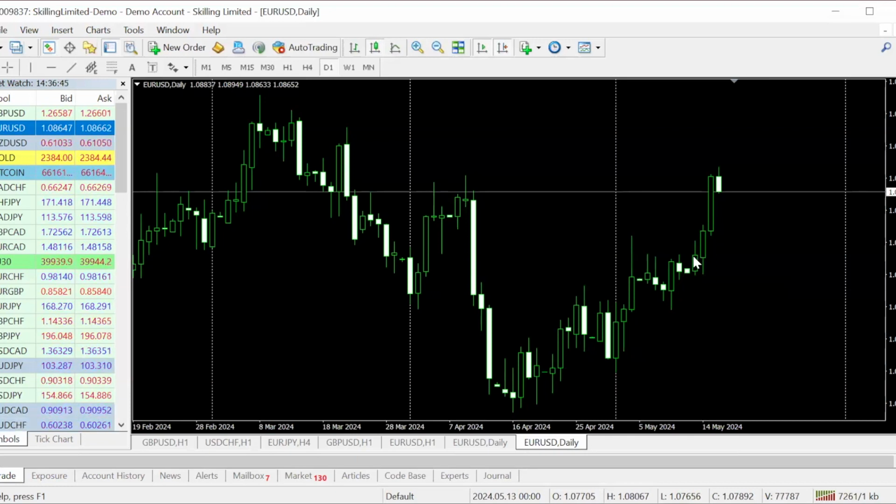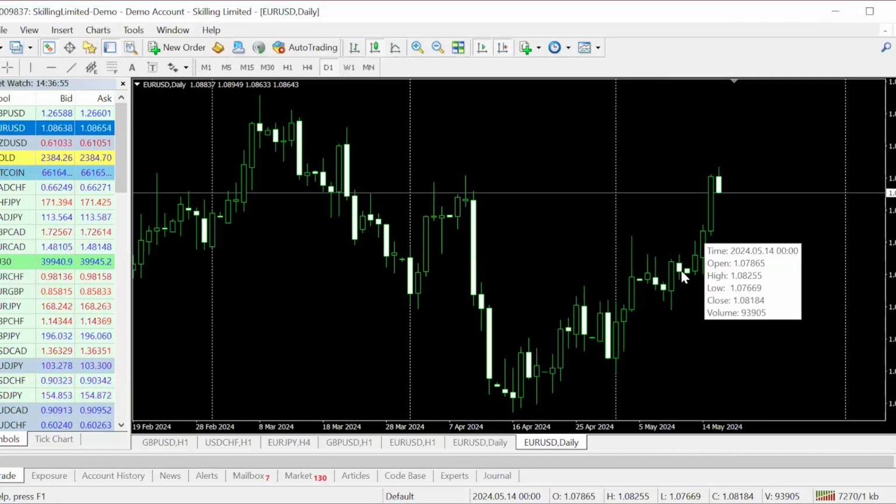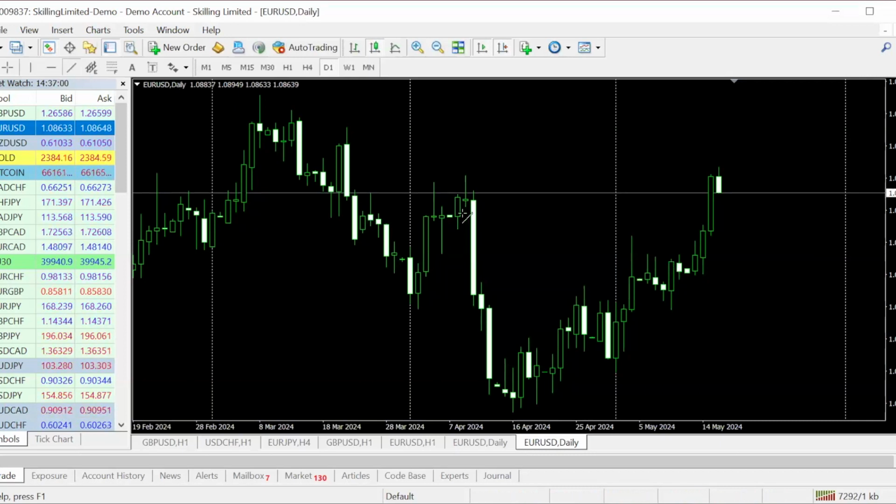Now look at the next one, the bullish one, 77,787, and then followed by 93,905. Now, if you were to look at these two, let's say you want to use this as your parameter for working on the breakout.